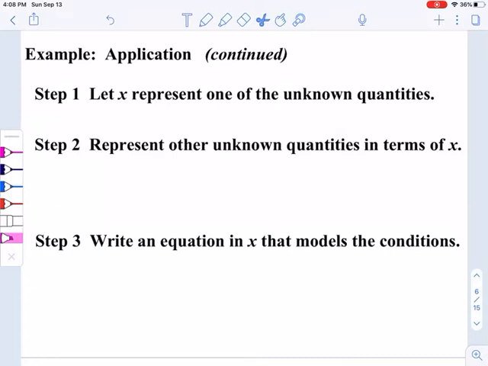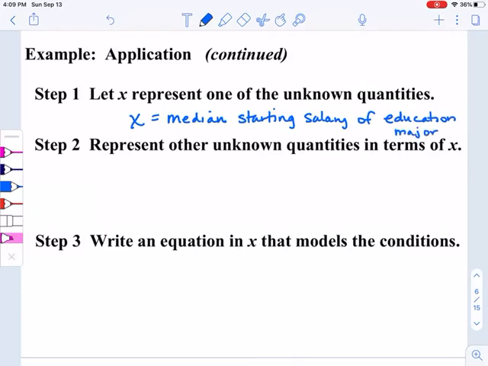They were all referring back to our education major, so let's let x represent the median starting salary of an education major. You could always shorthand that a little bit: x is equal to education major.